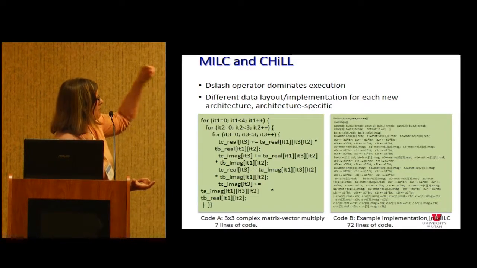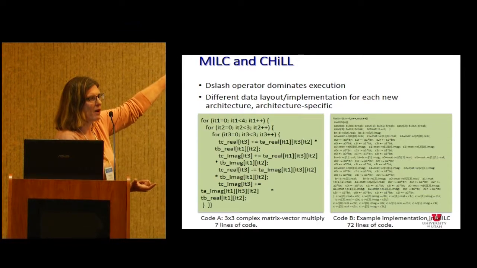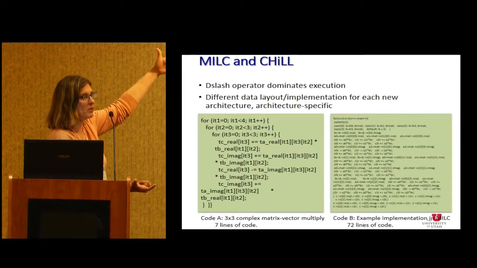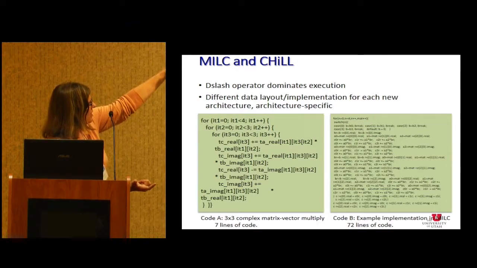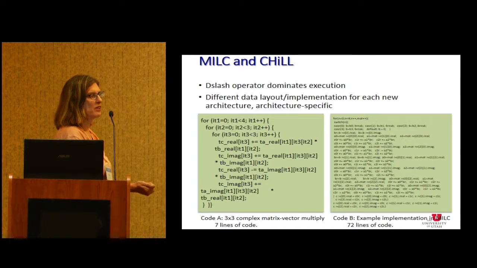There's a complex matrix vector multiply that's the core part of Dslash, and it's complex numbers. And so you can see that this is separating the real and the imaginary parts and doing that 3x3 matrix vector multiply. On the right is some actual Dslash code that was targeting SIMD with regular AVX and conventional multi-core.